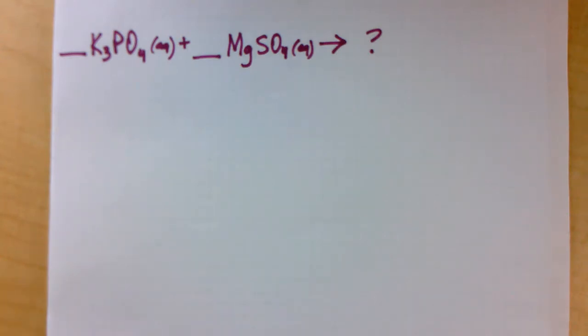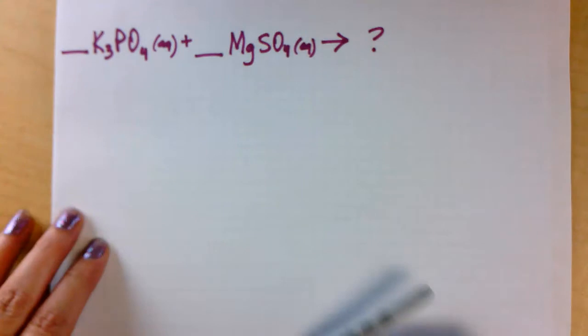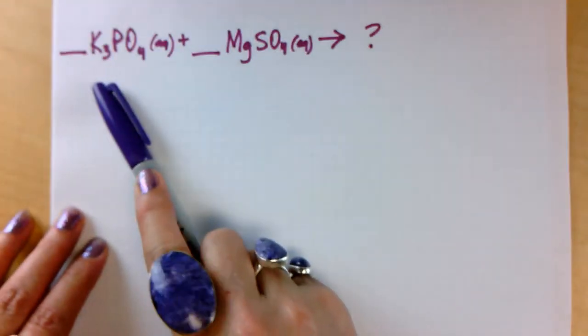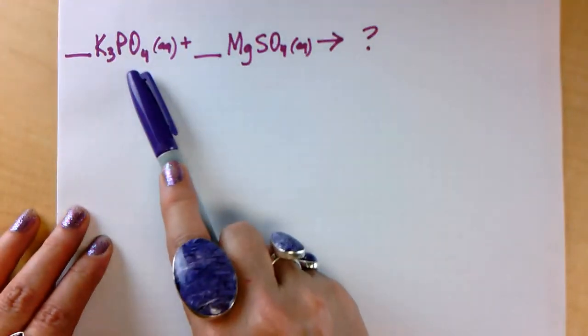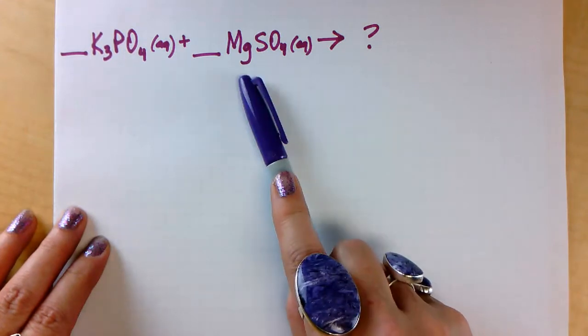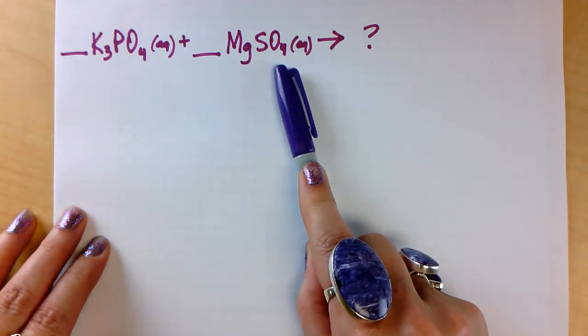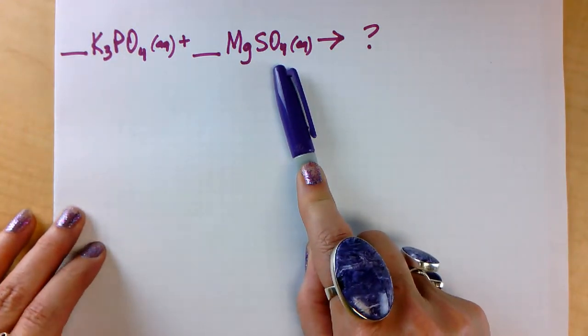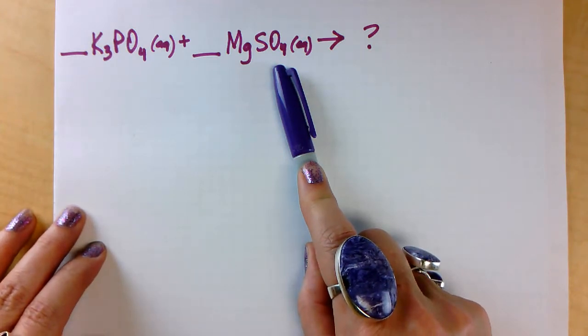So what about double replacement, the new one? Double replacement reactions require 2 metals with 2 nonmetals. Well, here we have the metal potassium with nonmetal phosphate, and we have metal magnesium with nonmetal sulfate. So yeah, this is going to be a double replacement reaction. So in the double replacement reaction, we have a double switch.